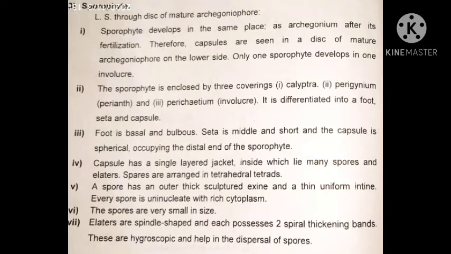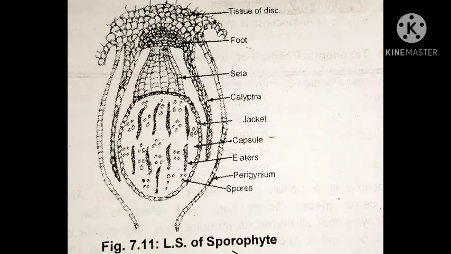The sporophyte is a structure developed on the archegoniophore, and it shows parts like calyptra, perigynium or perianth, pseudoperianth, foot, seta, and capsule. Inside there are spore mother cells that undergo meiosis and develop into haploid spores.